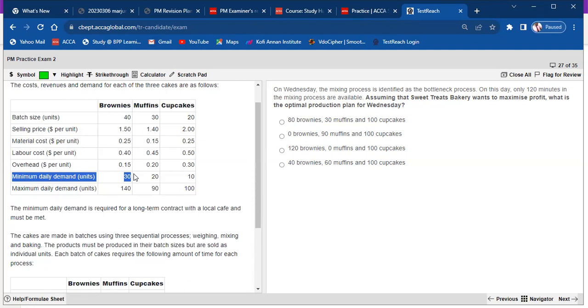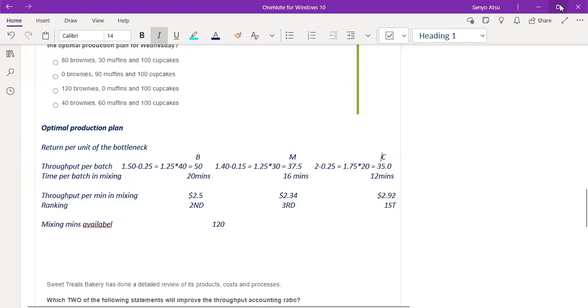We should make 30 units. The problem we have is that the batch size is 40. In other words, you can't produce a batch of less than 40 units. So although the local cafe needs 30 only, that calls for the setup and production of one batch. So the minimum brownies, minimum muffins, and minimum cupcakes must be produced for the cafe.